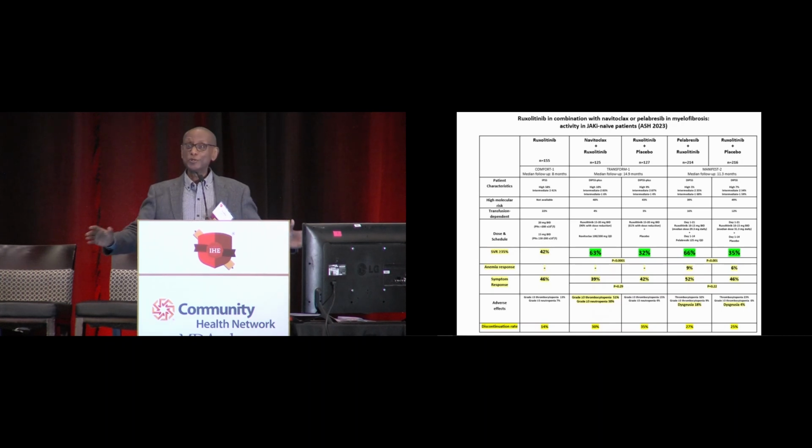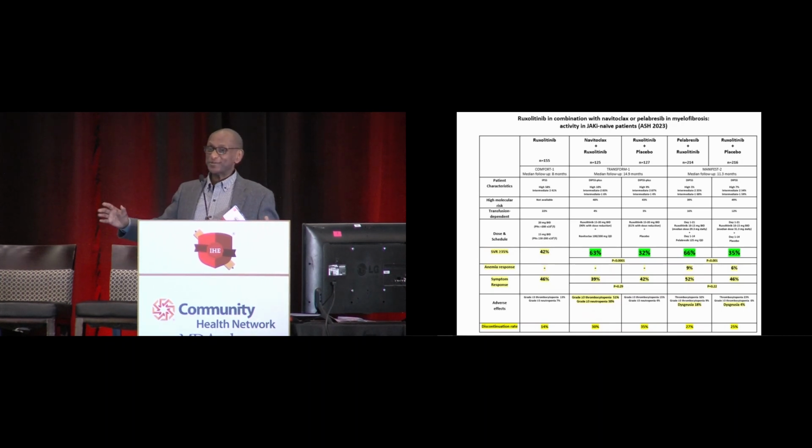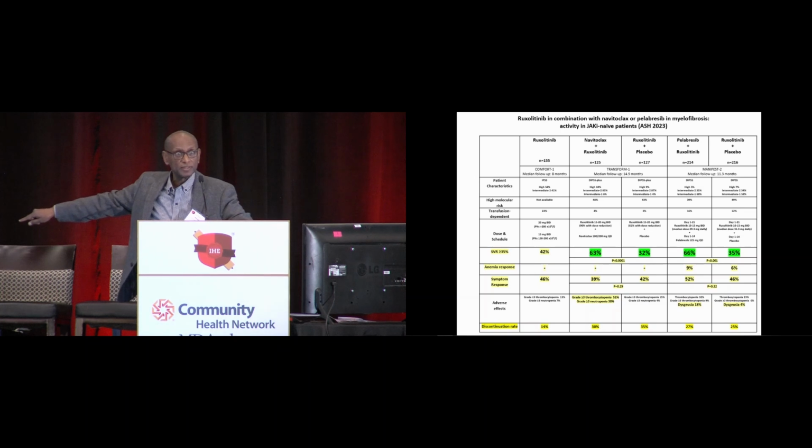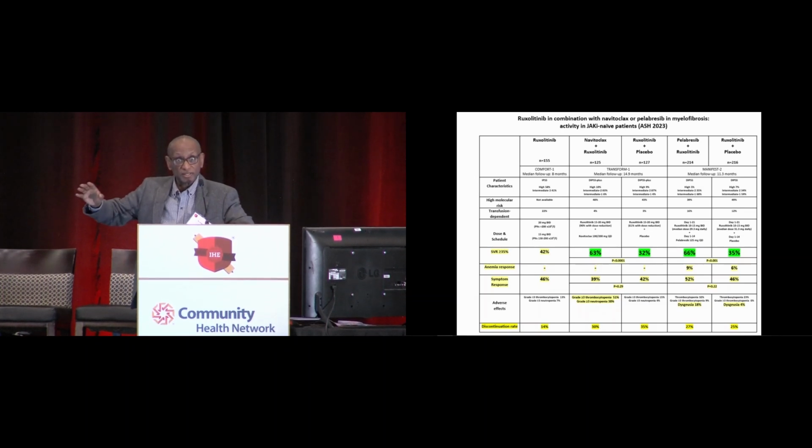And everything new that is now, pelabresib, selinexor, all this jazz, yes, you could have deeper, you can have more shrinkage. Well, who cares whether you live with 15 centimeter versus 10 centimeter, especially if in exchange you become transfusion dependent. The toxicity benefit ratio is not necessarily the best.